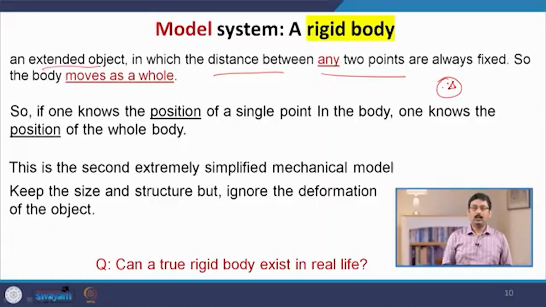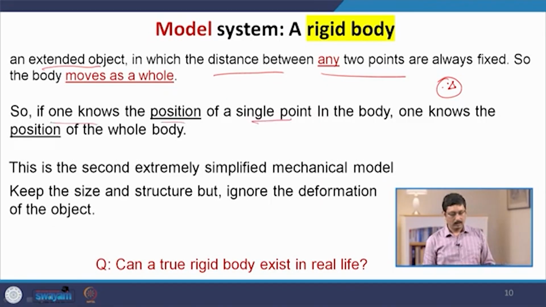The whole body moves as a single unit. A consequence of that is that if one knows the position of a single point in the body, one knows the position of the whole body. We shall see in a later part of the course that one often takes a special point inside the body, which is called the center of mass.